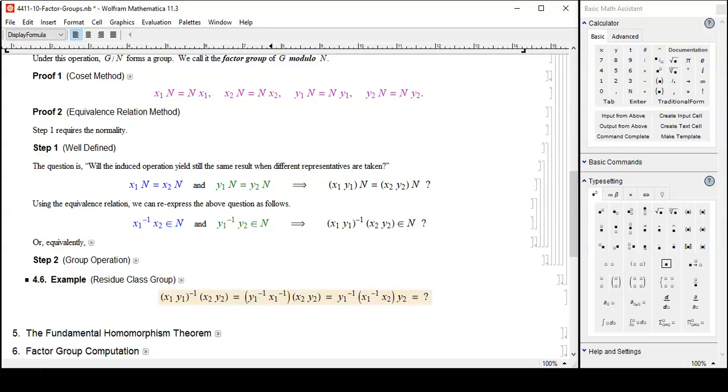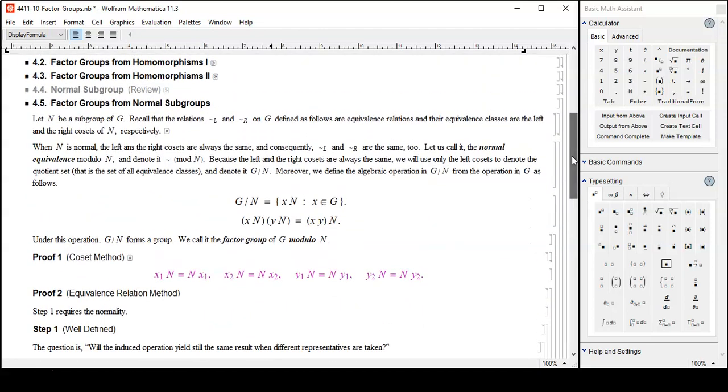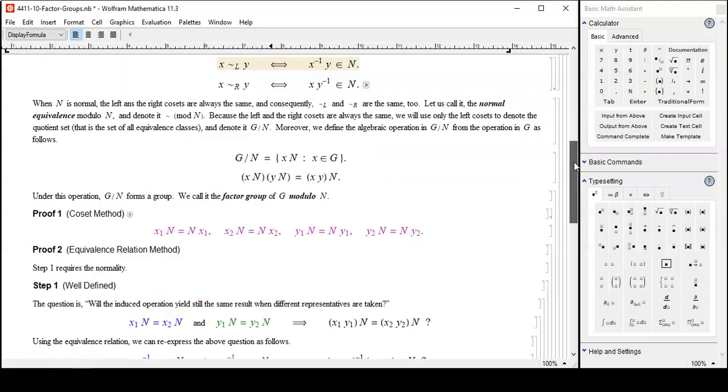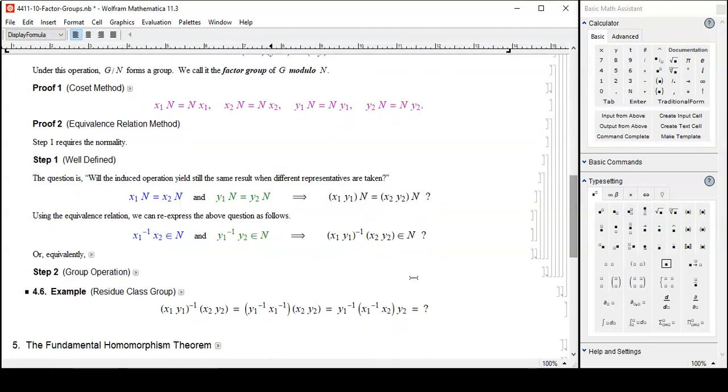Is there any way to manipulate this thing a little bit further? Well, it appears that x1 inverse x2 looks very much like the coset relation. This one here belongs to capital N, so a certain element of capital N, which may be named n or something.